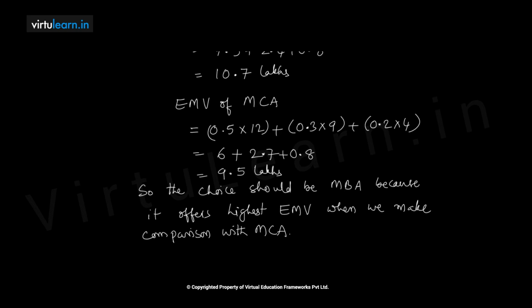So when it comes to cost, we have to choose a branch which gives the lowest or least EMV. When it comes to revenues or income or sales or profit or benefit, we have to choose the highest value which will yield gain to the organization.